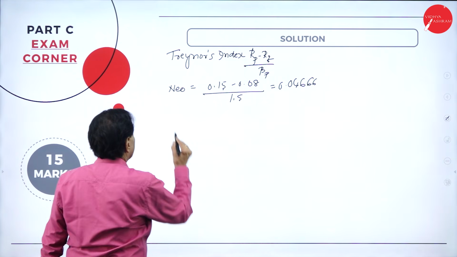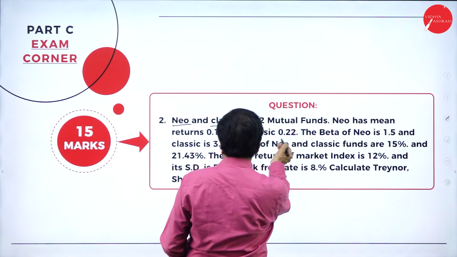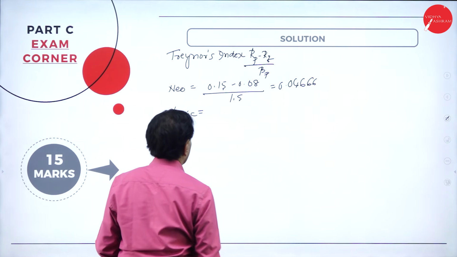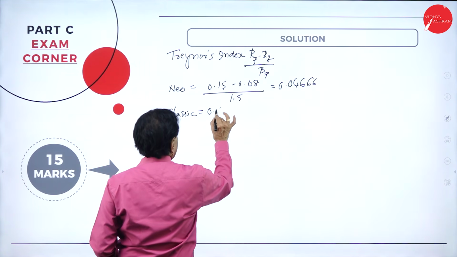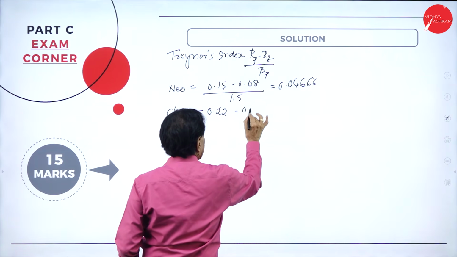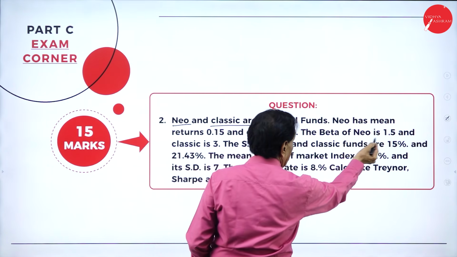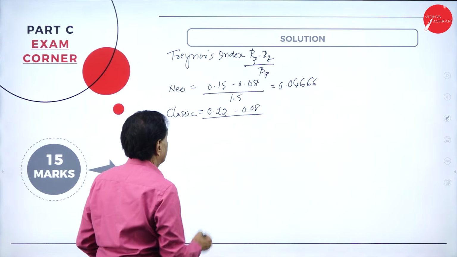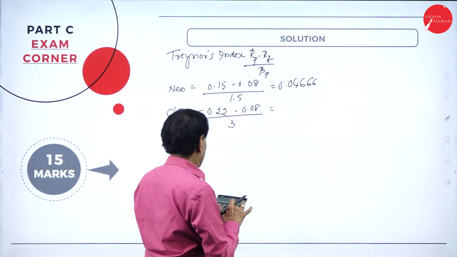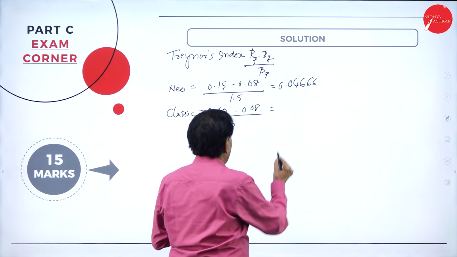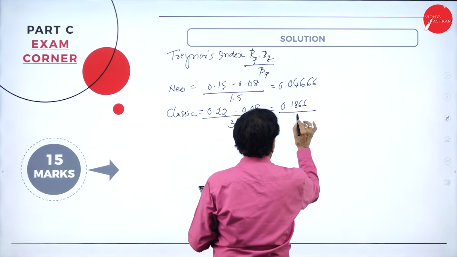Then classic. Mean return is 0.22. Risk-free is 0.08 divided by beta. The beta of NEO is 1.5, that of classic is 3. 0.22 minus 0.08, 0.14 divided by 3.